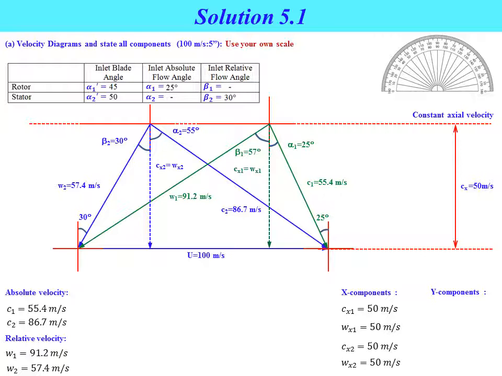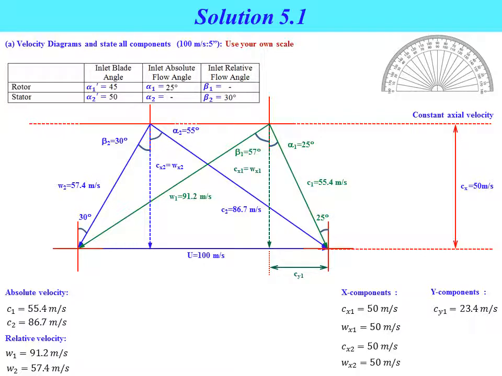In terms of y component, we can measure the y component for each C1, W1, W2 and C2 vector by measuring the line, by referring to the y component vector. So we can measure Cy1 by referring to the velocity diagram.